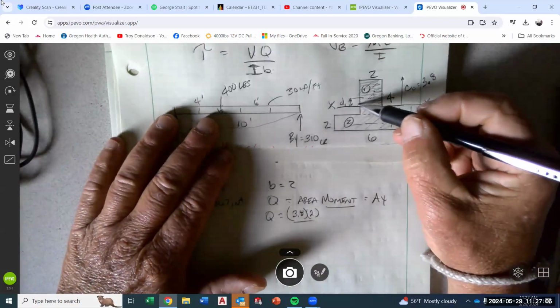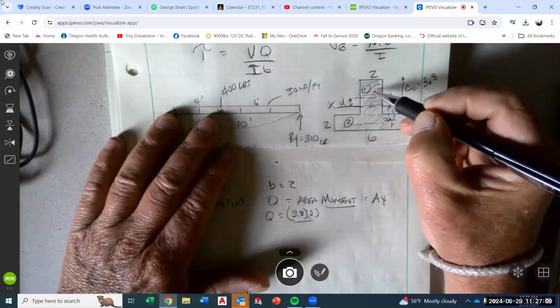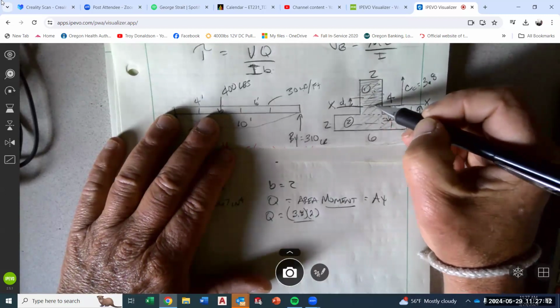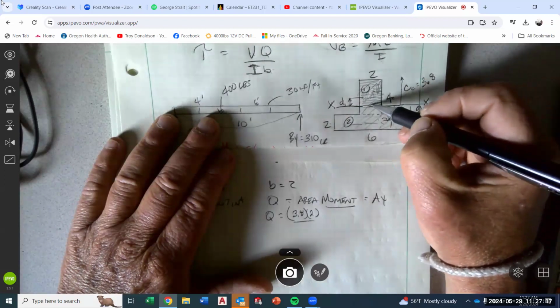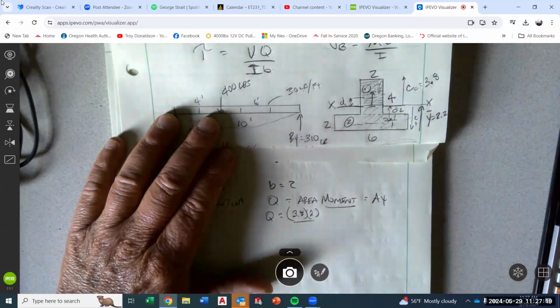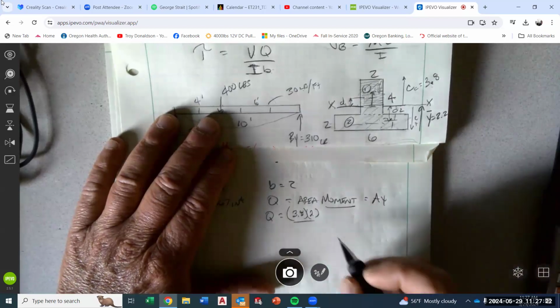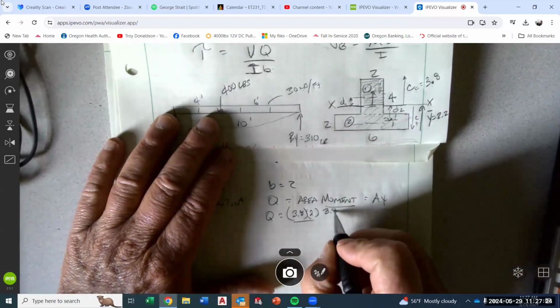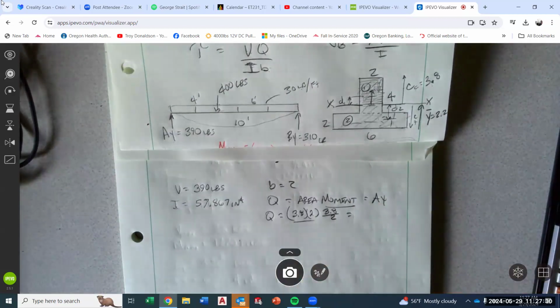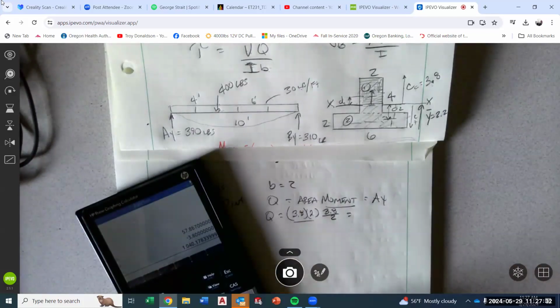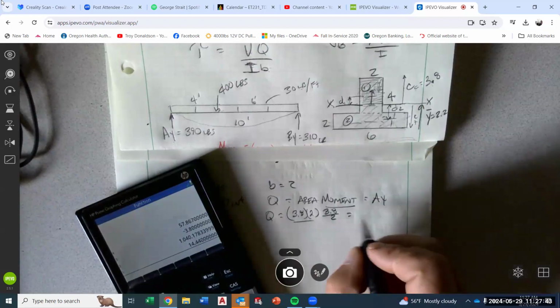The lever arm is from the neutral axis to the centroid of the shape above the neutral axis, so it's half of the 3.8. That is your area moment. All right, so let's see what that is. 3.8, enter, times 2 times 1.9, that's 14.44.